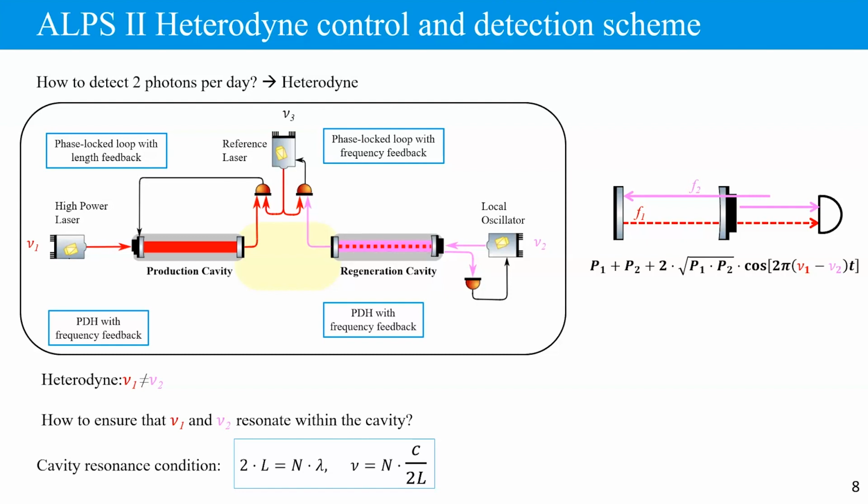And if the loops are closed and we have a signal on the detector, the signal will sum up coherently, while any noise signal on the detector will sum up incoherently.